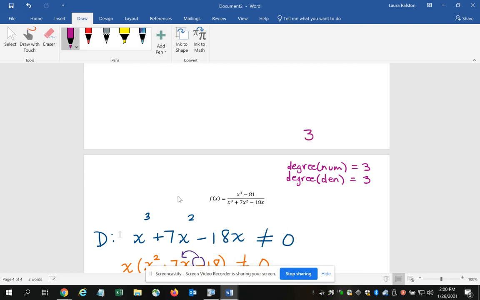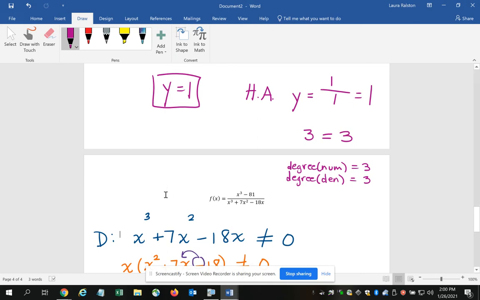So the degree of the numerator is equal to the degree of the denominator. My horizontal asymptote is going to be the ratio of the leading coefficients, the number in front of the highest degree, which for the numerator is an understood 1. It's also an understood 1 in the denominator. So I have a horizontal asymptote at y equals 1.